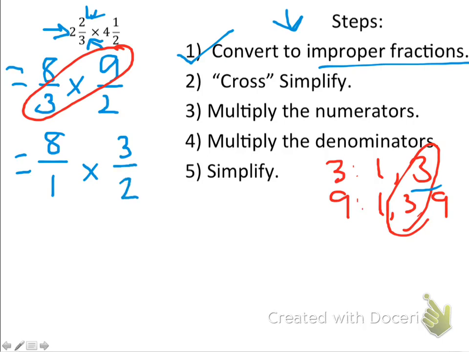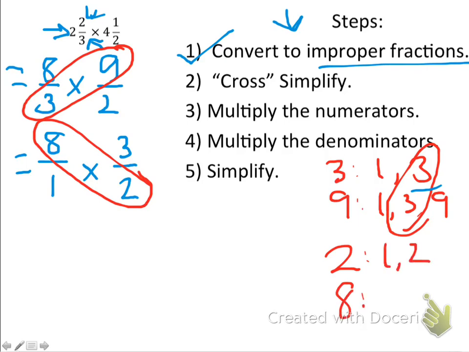Now we're going to do the same thing, but with the other side. Here. You hear my neighbor's dog barking in the background. We have, oh, I changed the color. Okay, we have 8 and 2. So let's take, oh, I didn't do that right. 2 and 8. We have 1 and 2. 2 is prime as well.